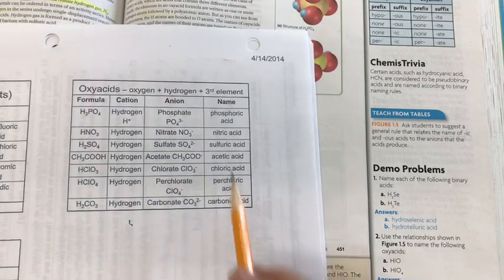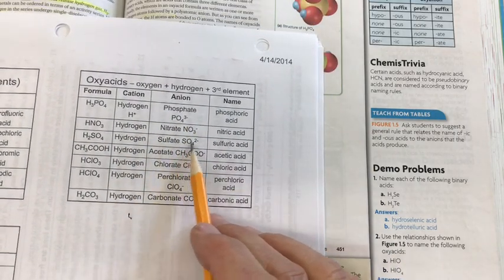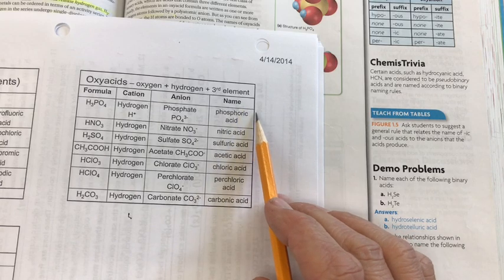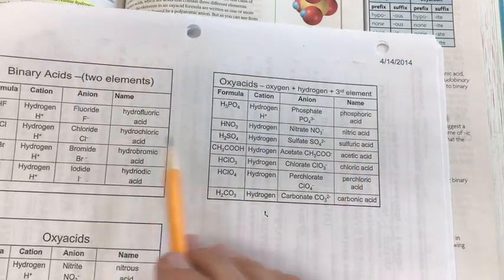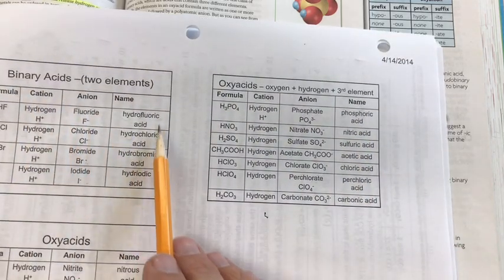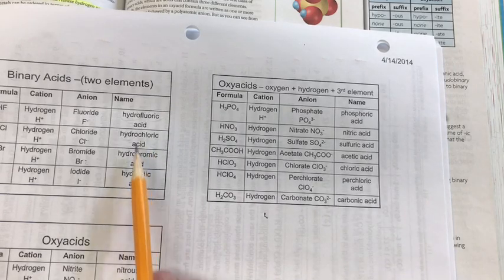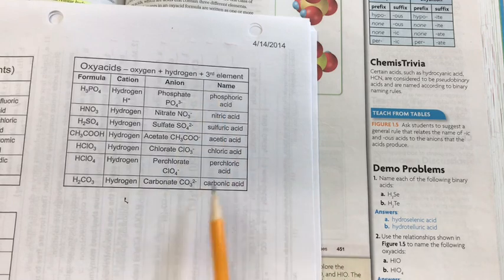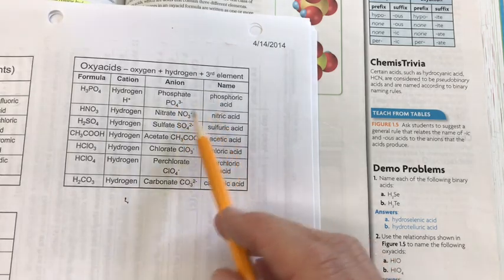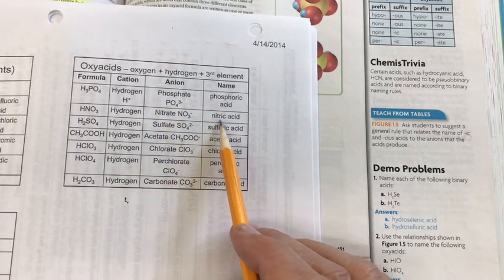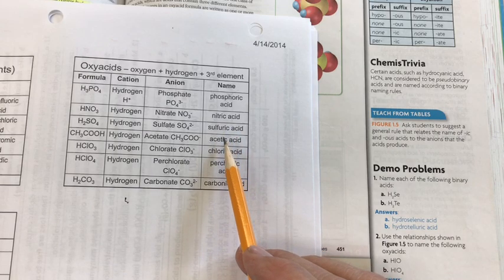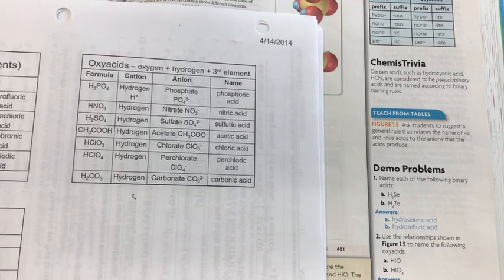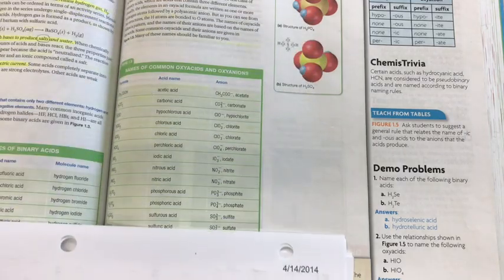All the ates, phosphate, nitrate, sulfate, they're all going to end in "ic," which might be a little bit confusing because all the binary acids also end in "ic." But they all start with hydro, and these guys do not start with hydro. They just keep their anion name. So nitrate becomes nitric. You can follow that pattern for naming, and we've done this all before, so it should be all review.